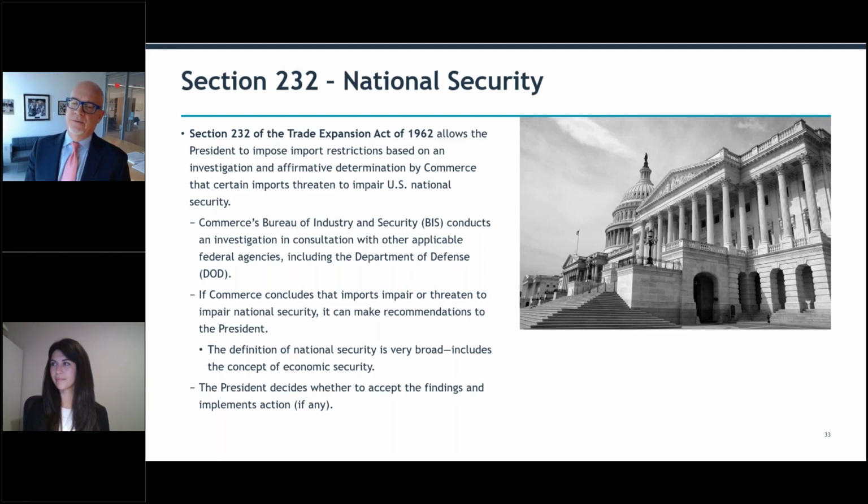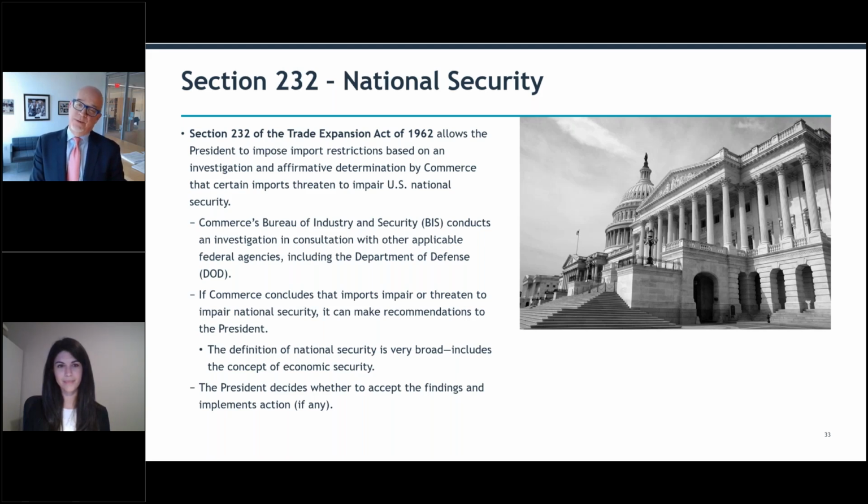One of the things I've always been concerned about, with how this law could be used in the future and how other countries could try to use similar theories, is that any kind of product that's important to the national economy could be deemed a national security concern if enough imports are coming in and challenging those products.